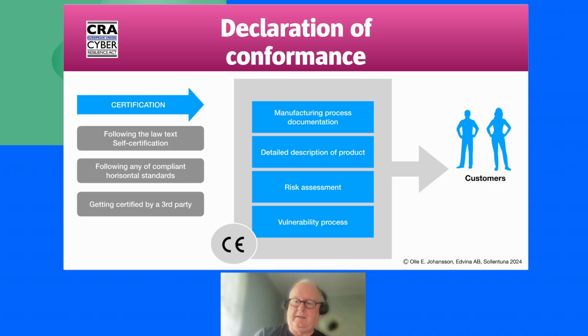So within the company, for each product, you need to make a declaration of conformance. If you're already selling hardware on the EU market, you know this process. There's not a lot of changes there. If you really want to get certified, there will be many ways to check, either self-certification or third-party certification. You can choose to just read the CRA and say, well, yeah, I understand this, but that's very tricky.